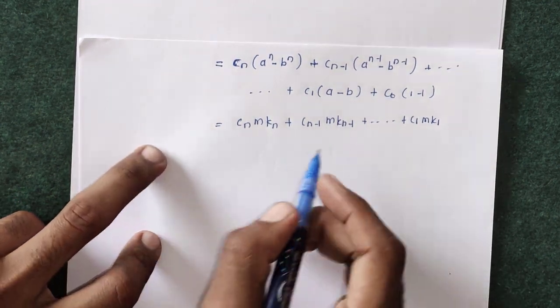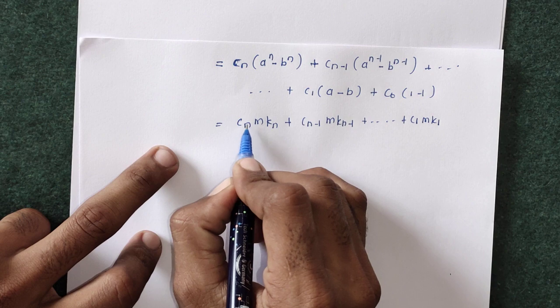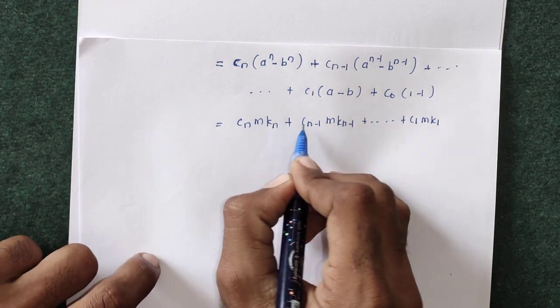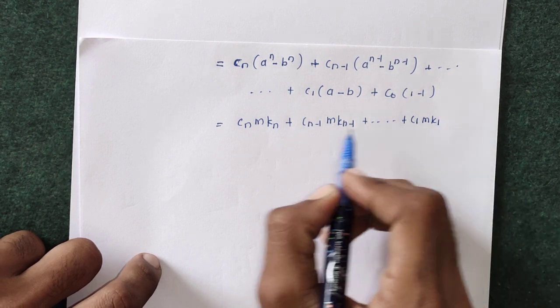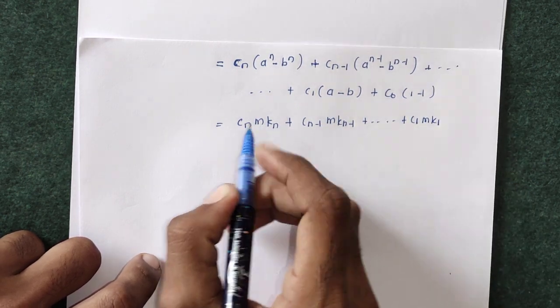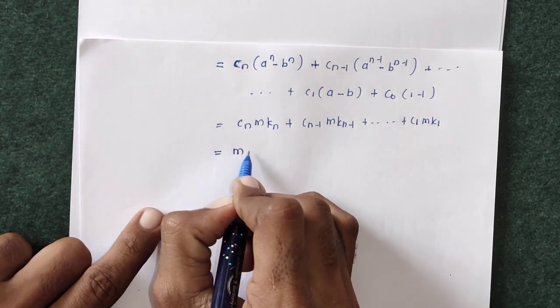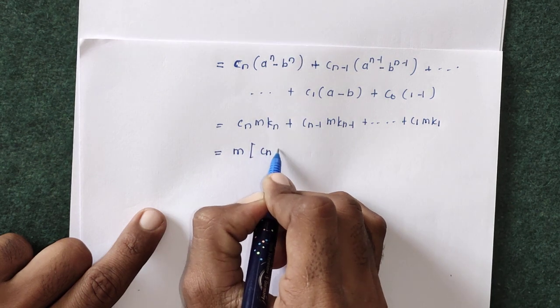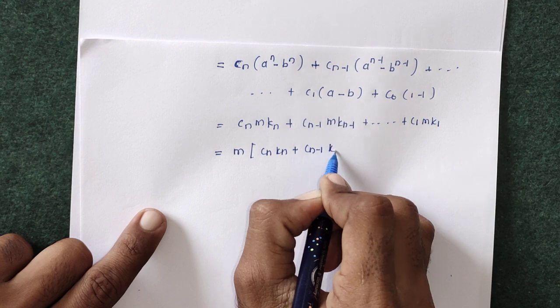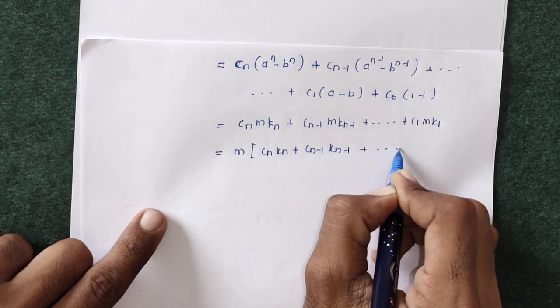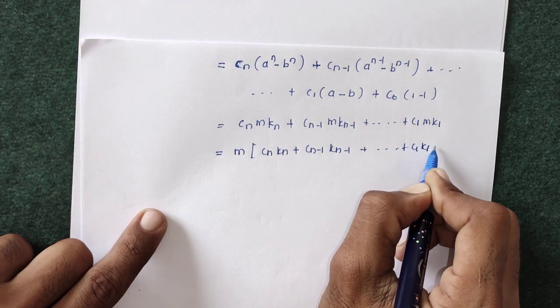Now here we can see that cn m kn plus cn minus 1 m kn minus 1 plus up to c1 into m k1, all terms contain m. So taking m common we get m into cn kn plus cn minus 1 kn minus 1 plus up to c1 k1.